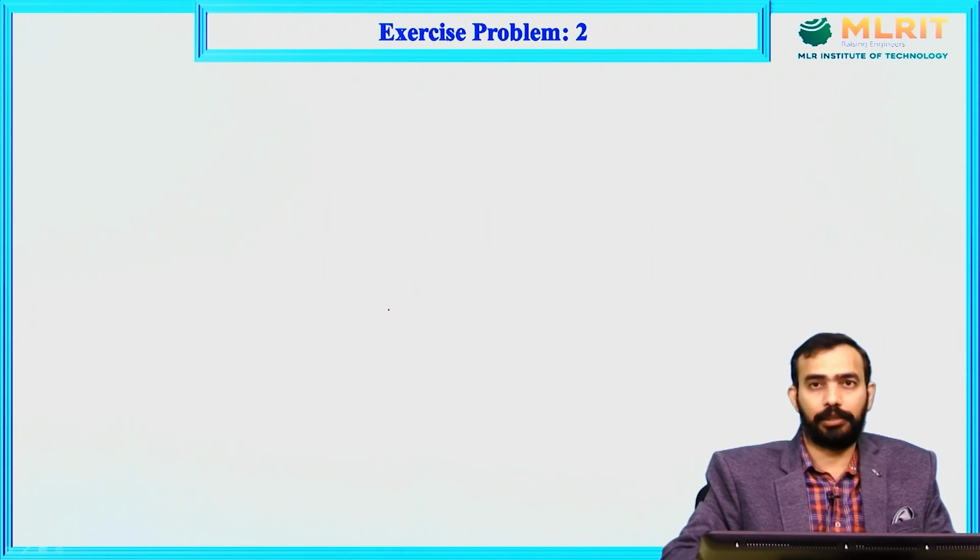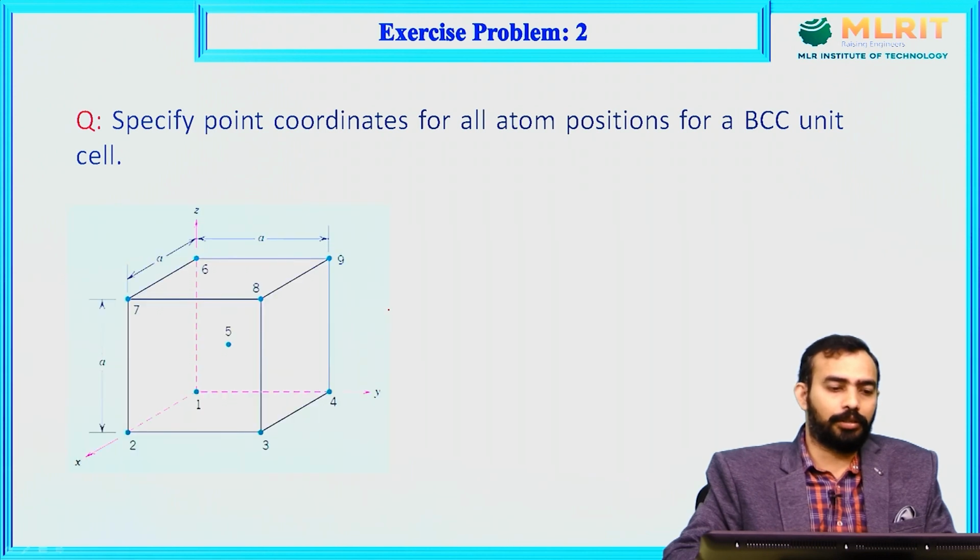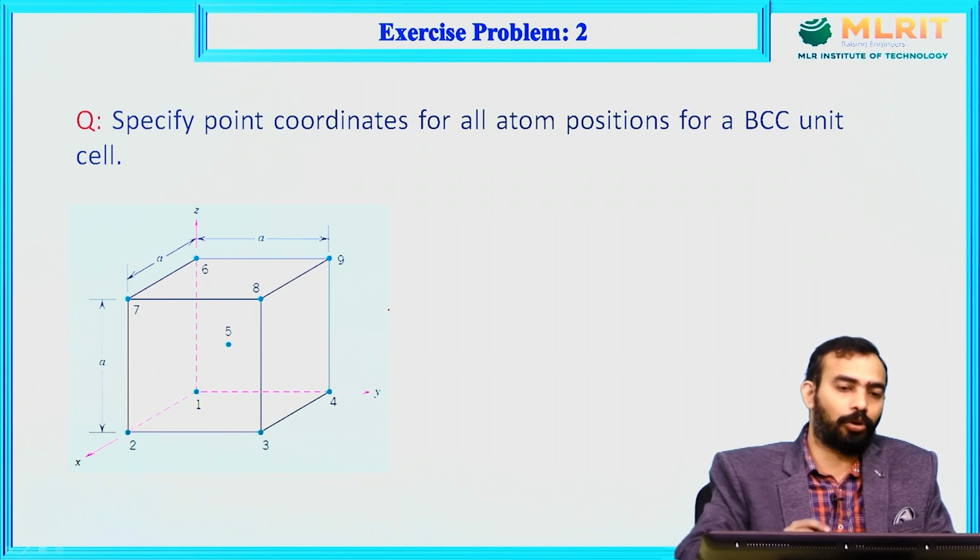Similarly, we will look at exercise problem number 2. Here is the question: specify point coordinates for all atom positions for a BCC unit cell. BCC is nothing but body centered cubic crystal structure. If I take the body centered unit cell, how many atoms will be there?